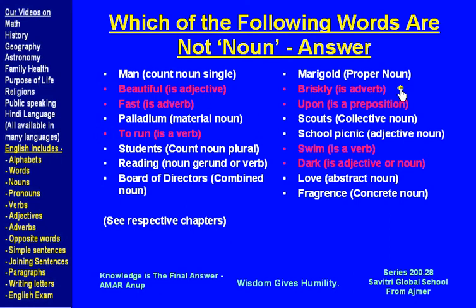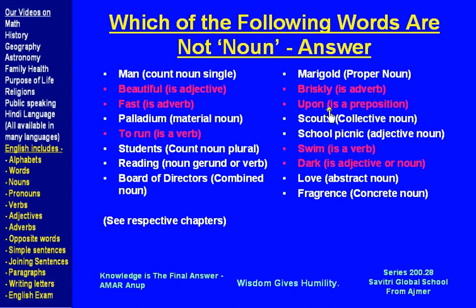It was done briskly or slowly. So that's an adverb. There are many words that end in ly. They are adverbs. Not all adverbs end in ly, and not all words that end in ly are adverbs, just to let you know. So go and learn from our video lecture on adverbs.